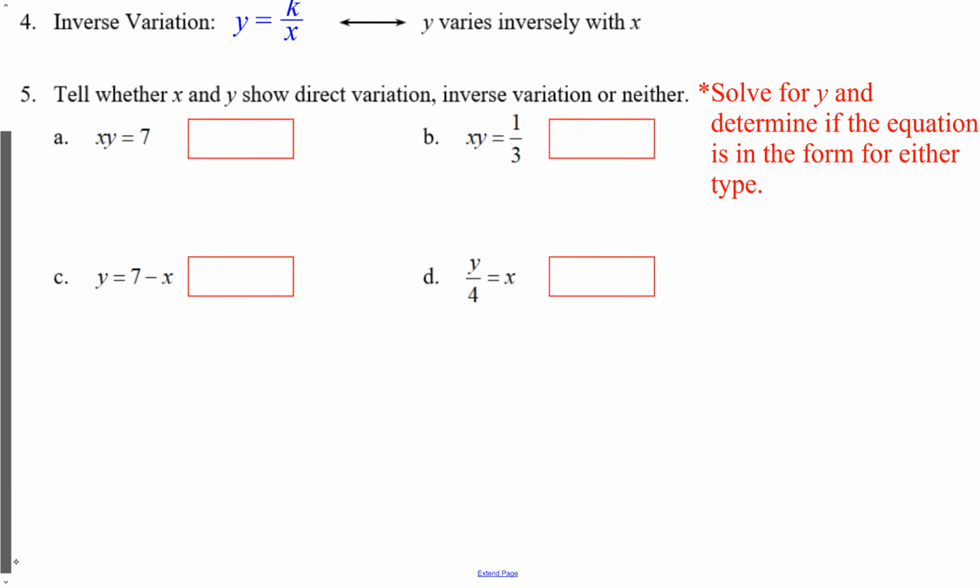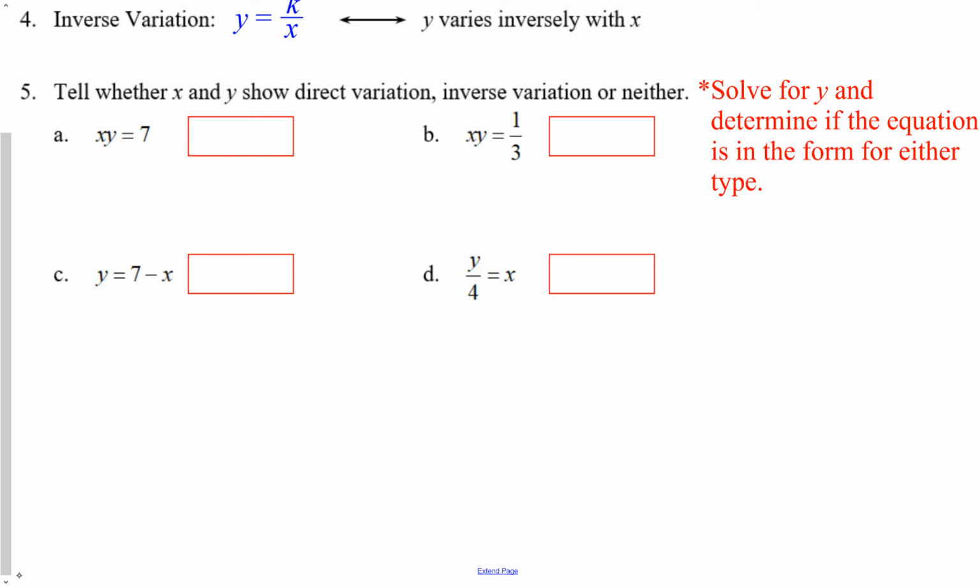So if I look at example A, and I want to solve this for y, since I see x times y, to undo multiplication, I need to divide. And if I'm solving for y, I need to divide by the other variable, which is x in this case. So this equation, when solved for y, is 7 over x.